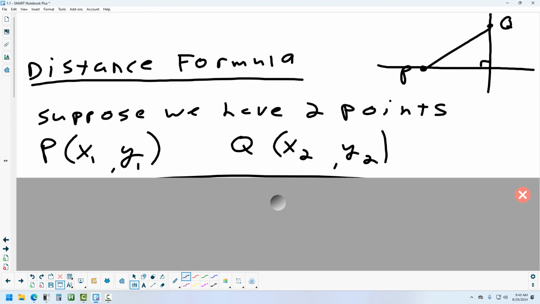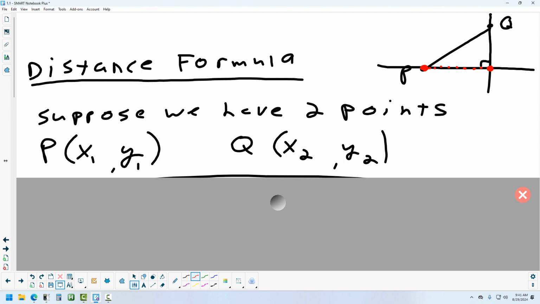Yeah, the Pythagorean theorem. We're going to go back to a formula I showed you earlier. You've got a point here and a point here, and you need to find the distance between these two points. That's the length of the bottom side of the triangle.